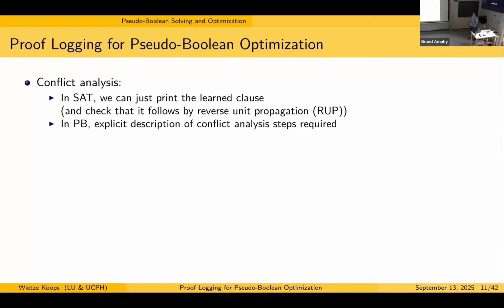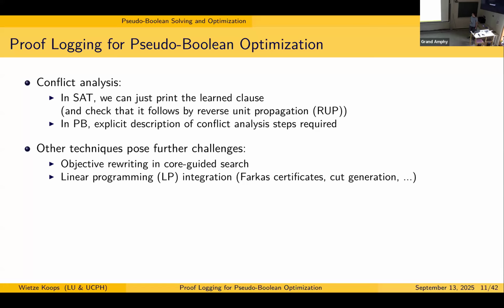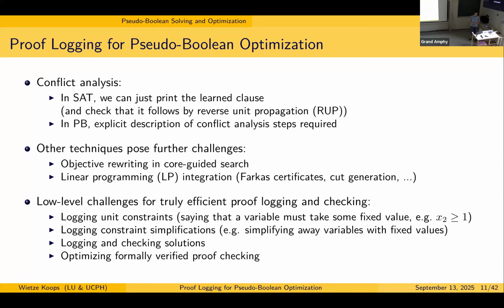So we have to give an explicit description of the conflict analysis steps, like the derivation I showed a few slides ago. Other techniques pose further challenges, like objective rewriting in core-guided search and linear programming integration. Specifically, there we will talk about Farkas certificates and about cut generation.